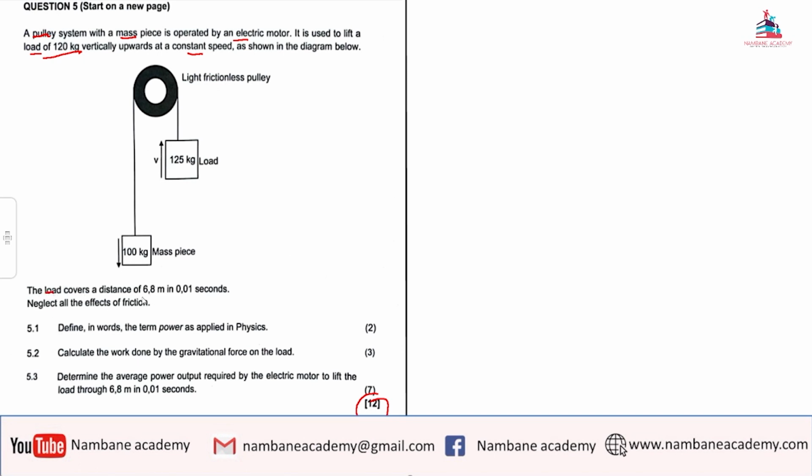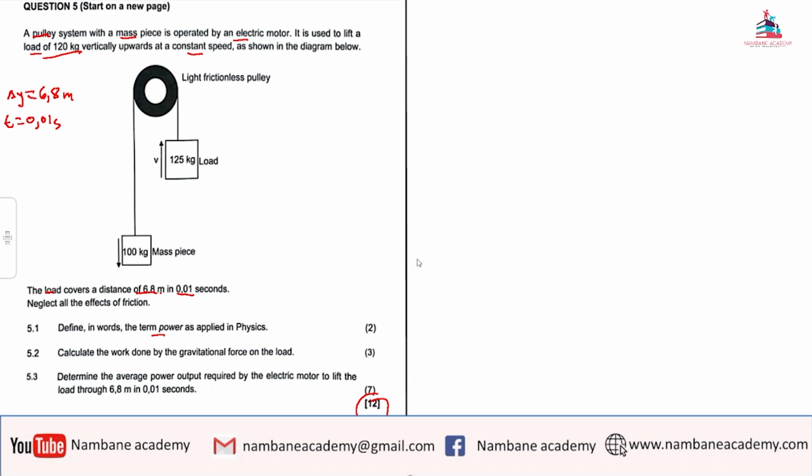The load covers a distance of 6.8 meters in 0.01 seconds. So we are given delta y, which is equal to 6.8 meters, and then we also have t, which is 0.01 second. At 5.1, it's an easy one.